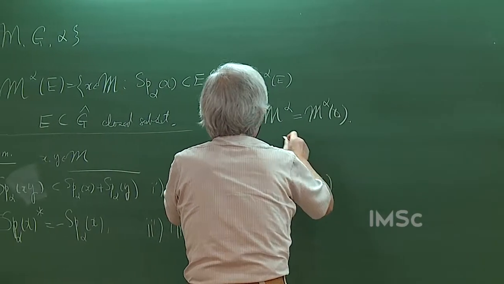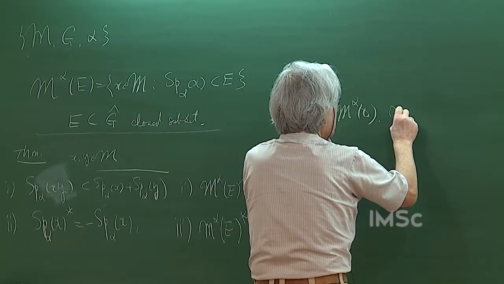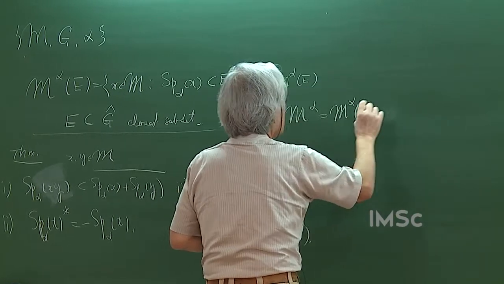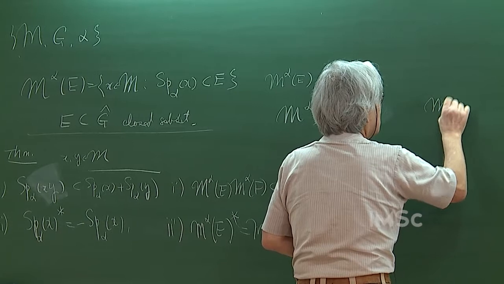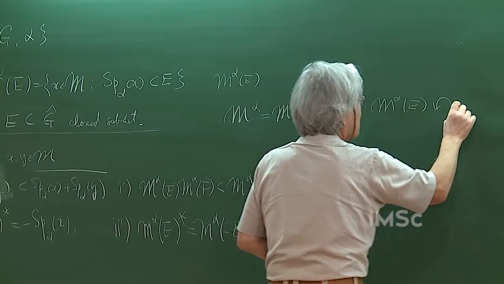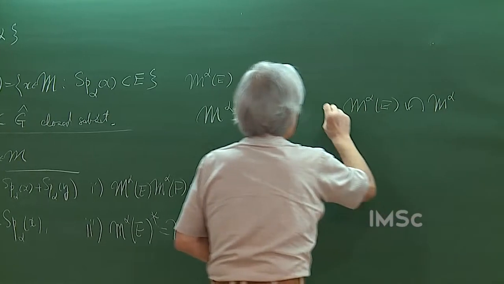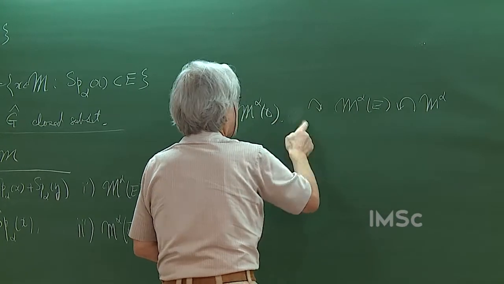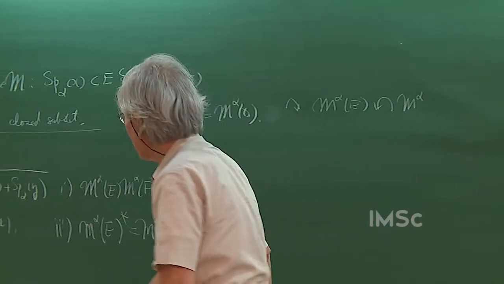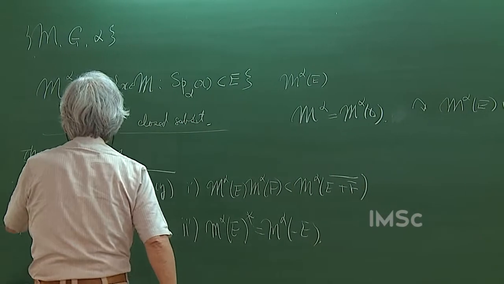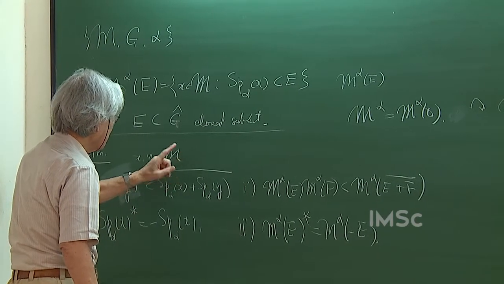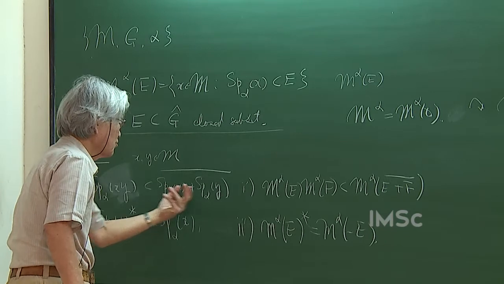And M_alpha acts on both sides of M_alpha(E) as a two-sided module, from the left and from the right.